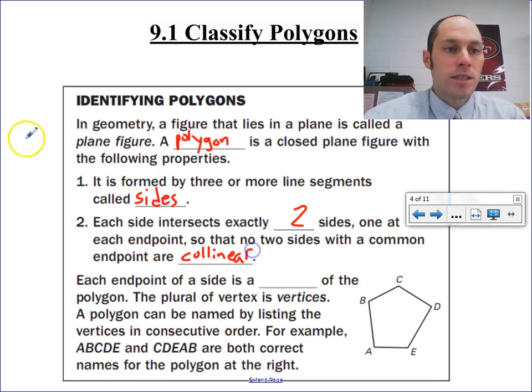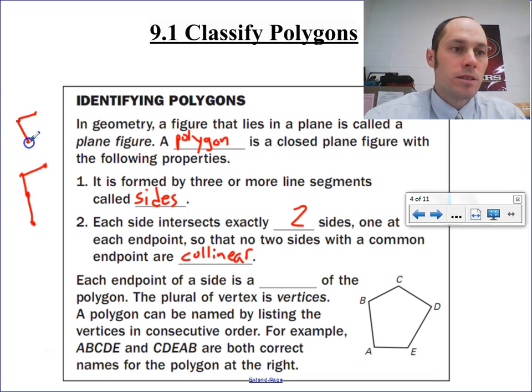So what that means is each point is connected to two other points, and they can't be collinear. This wouldn't be classified as a polygon because this side would have two sides all in a row. So they've got to be not collinear and at least three sides.